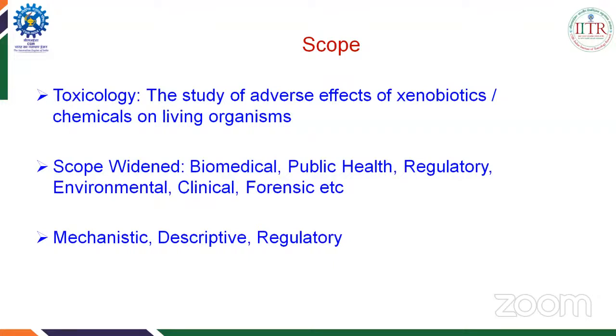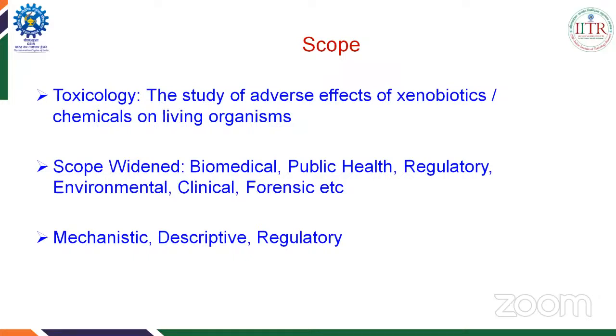It might be something which is consumed at certain levels which is safe, but at certain higher levels the same thing becomes toxic. So toxicology then started including other domains, like biomedical aspects, things which are used as biomedical devices and implants, which are basically used for a therapeutic purpose, but if improperly used or not handled properly, they can also result in certain amount of toxicity.